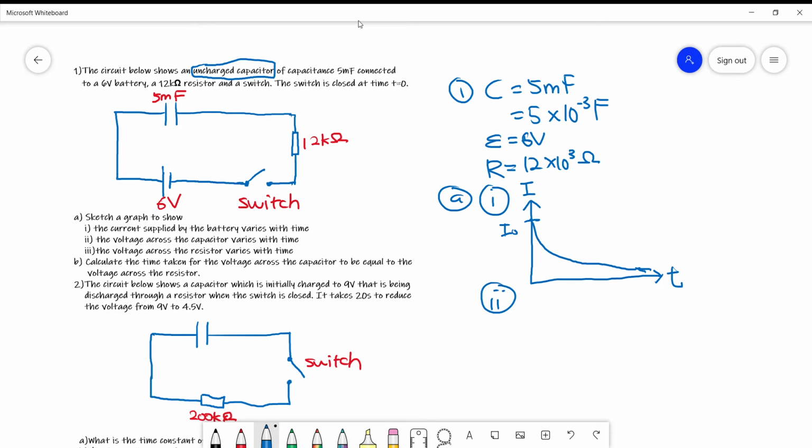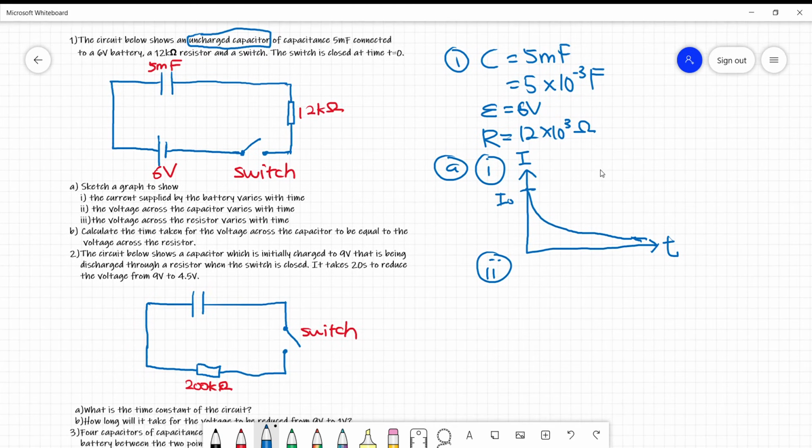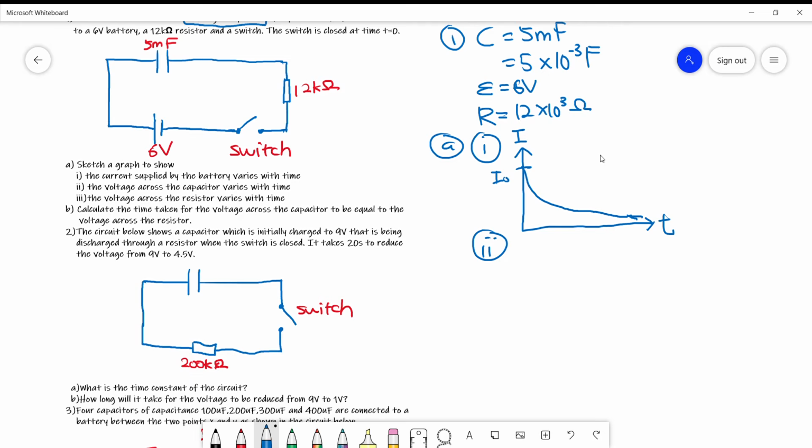Let's move on to number 2. The voltage across the capacitor varies with time. For the CR charging circuit, based on the previous video, we talked about the formulas for the potential difference, the charge, and the current. The formula for the current is I equals I0 multiplied by e to the power of negative t over CR.